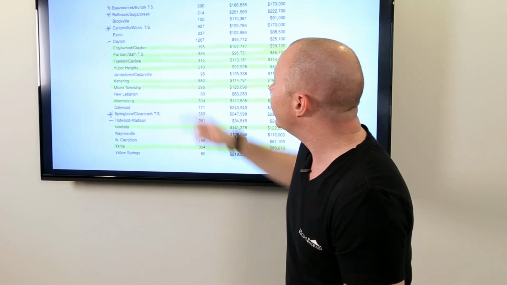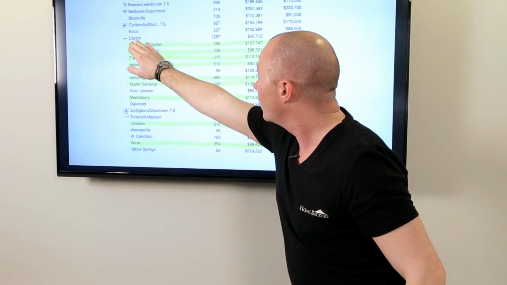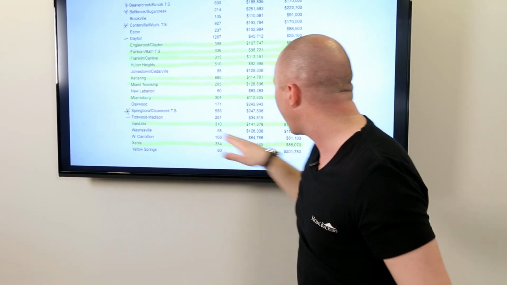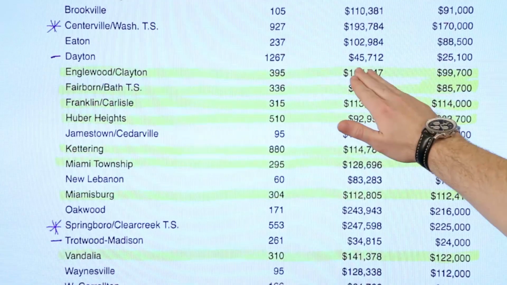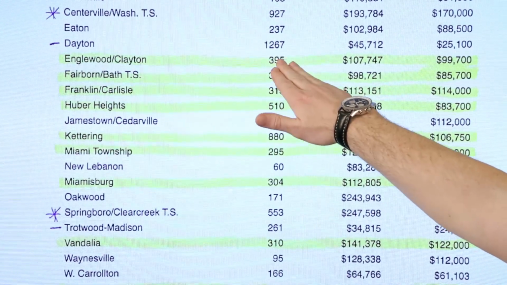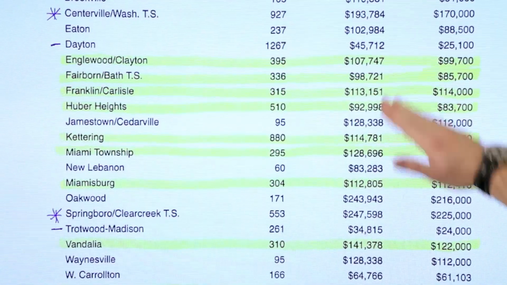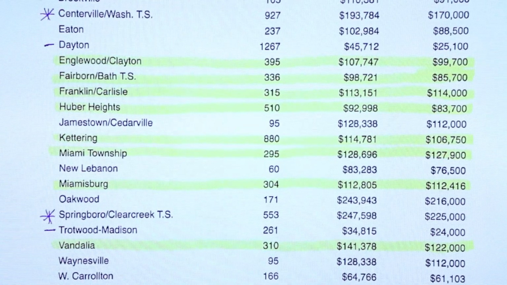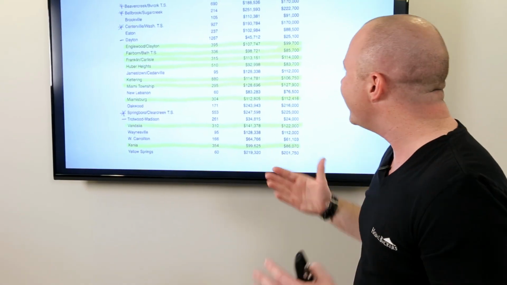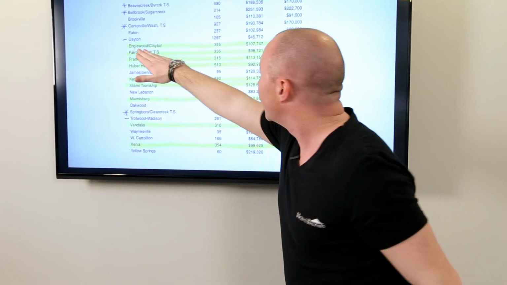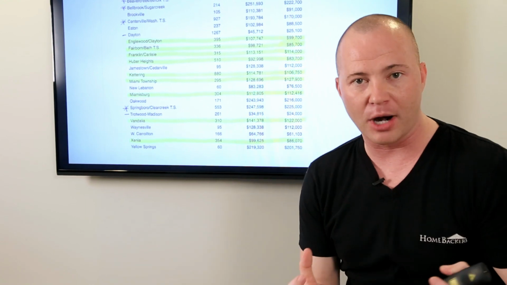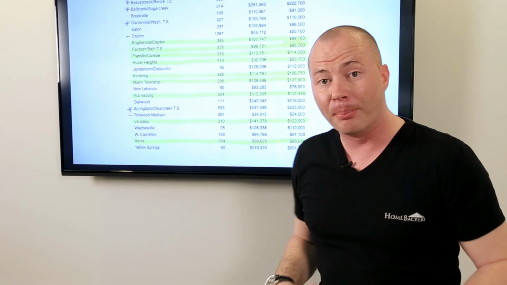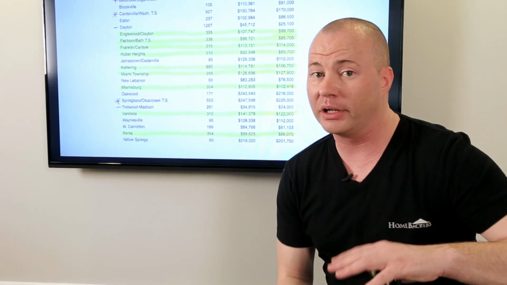One other figure that you need to look at is, say, Dayton. See that right here? It has a little dash, Dayton and Trotwood. Notice this: Dayton sold 1,267 homes last year, in 2013. The average sales price is $47,712. So what this means is that area is perfect to wholesale properties in, because there's a lot of people buying, but at the same time, the homes are really, really cheap.